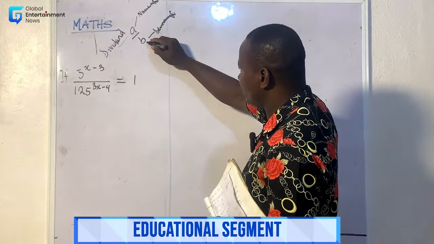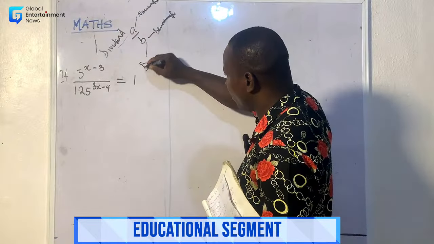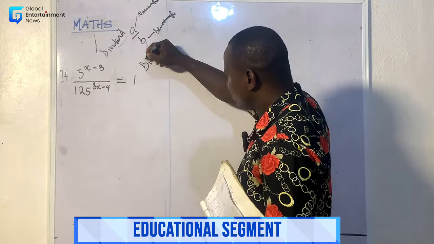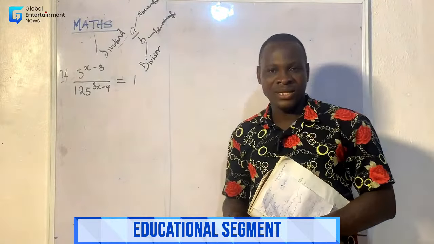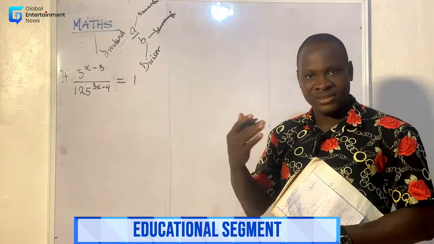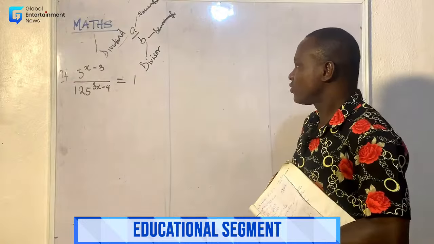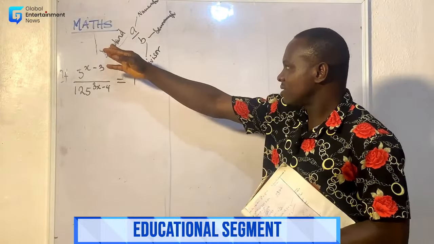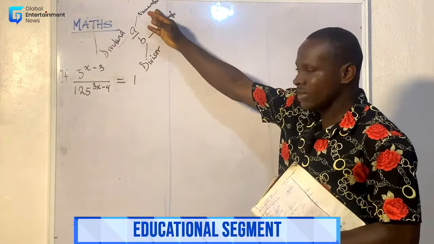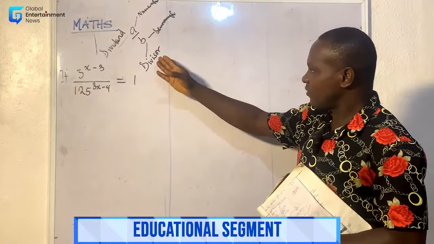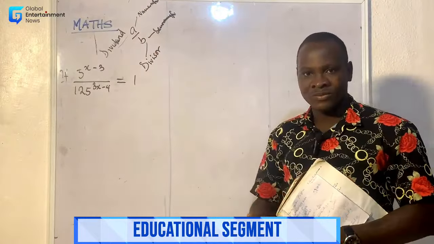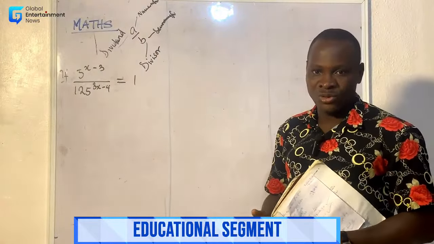Another name for denominator is divisor. I believe you can see this in some of the textbooks. So you will understand that dividend means numerator, while divisor means denominator. I believe we are good to go.